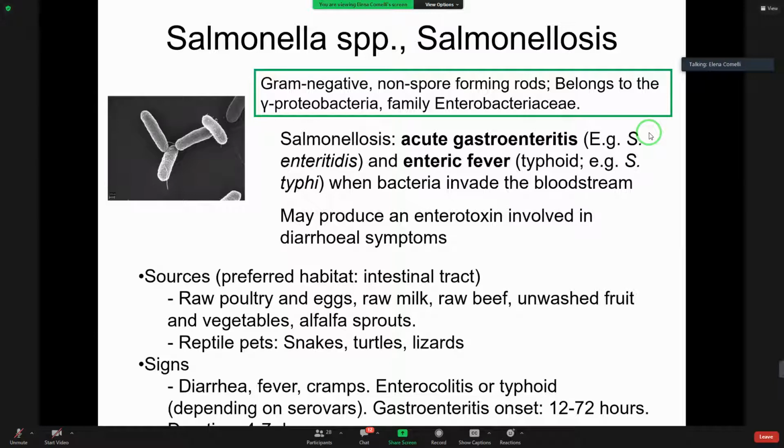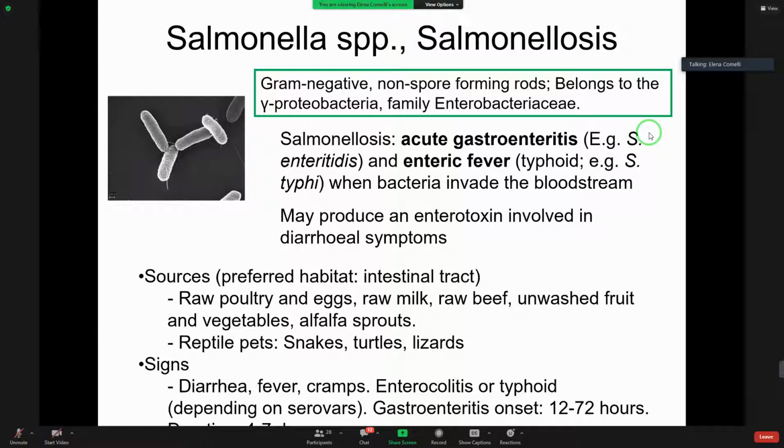Essentially, salmonellosis can manifest as 2 different types of disease depending on the infectious agent. One type is acute gastroenteritis, which is caused essentially by Salmonella enteritidis. The other one is enteric fever, which is also known as typhoid, and which is caused by Salmonella typhi.